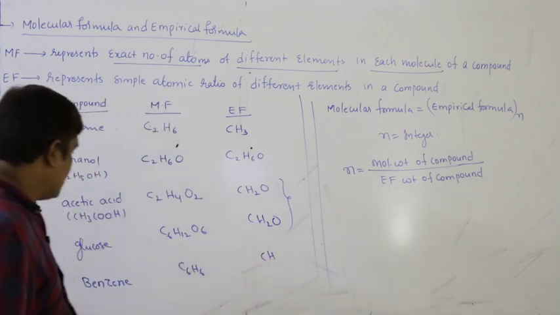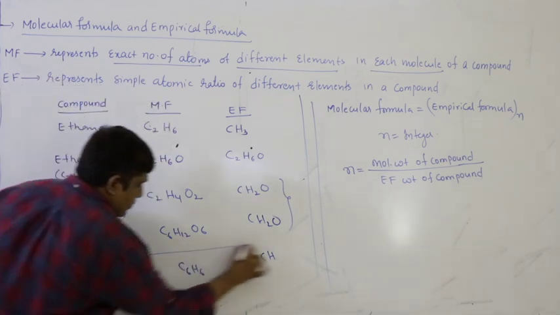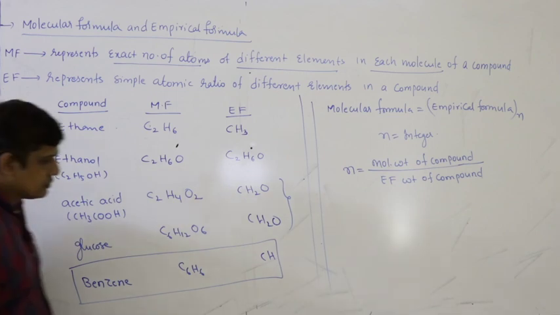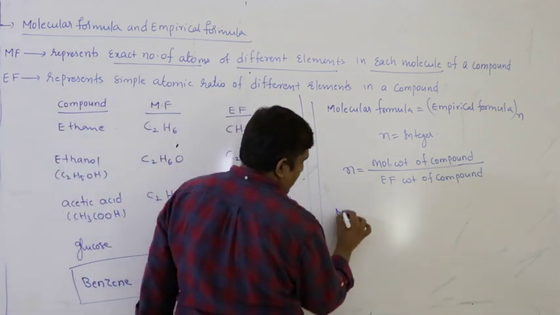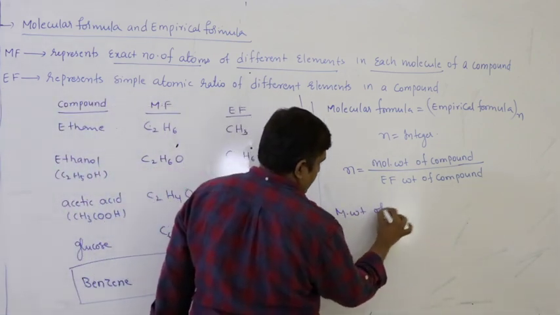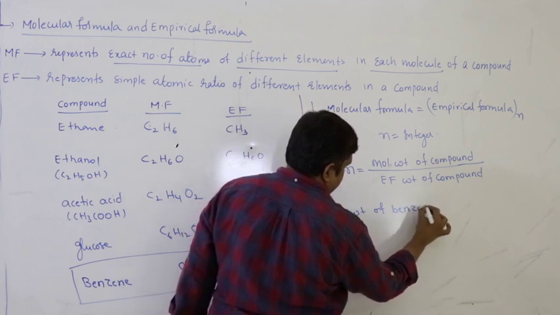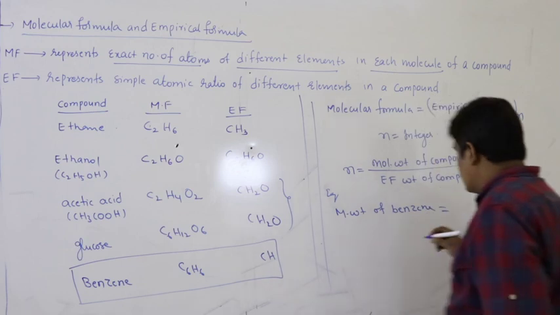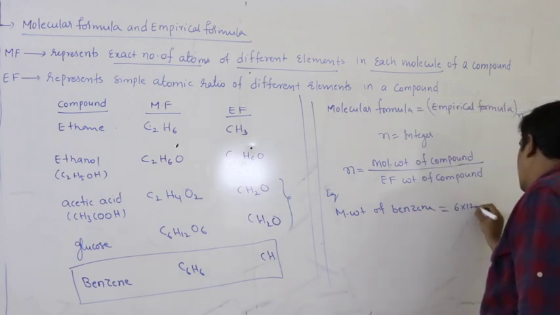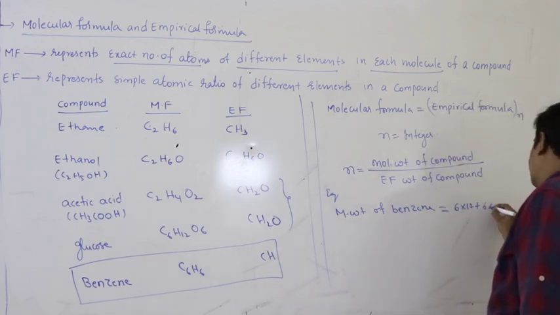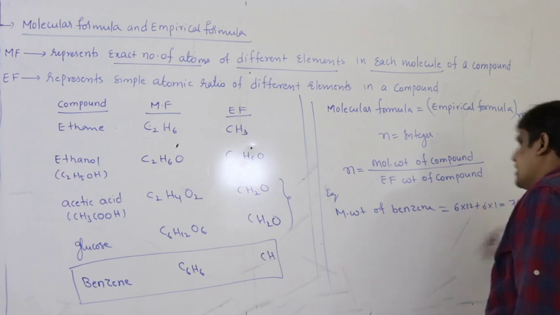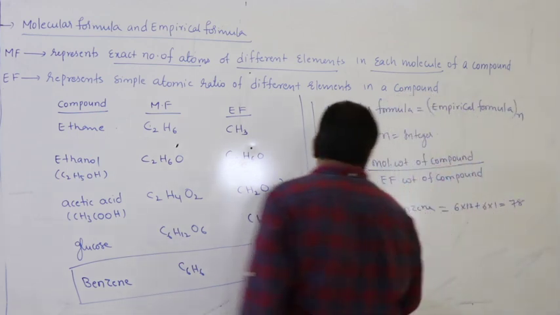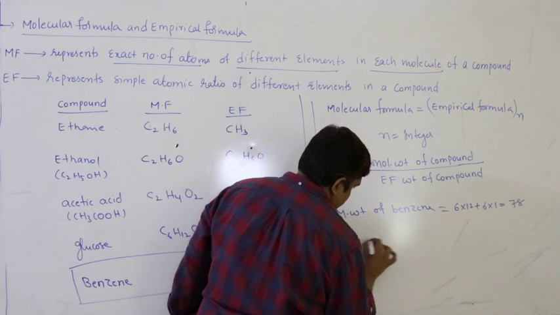Let us take this example, benzene. So what is the molecular weight of benzene? So 6 carbons, 6 into 12 plus 6 into 1, that will be 78. What is empirical formula weight of benzene?